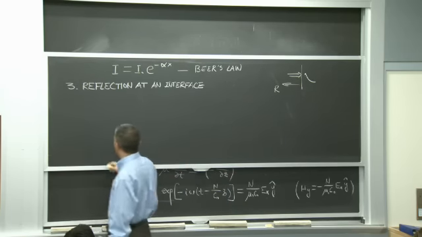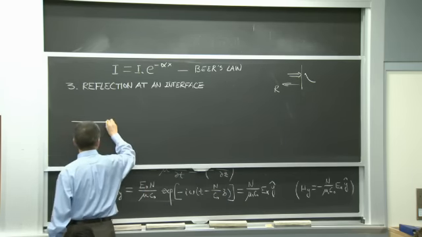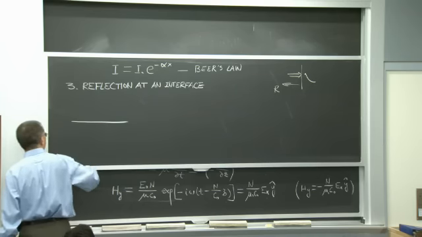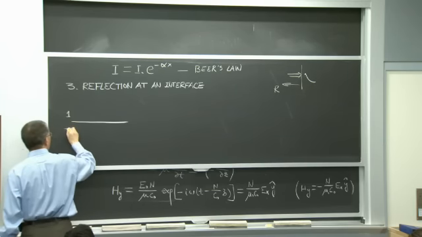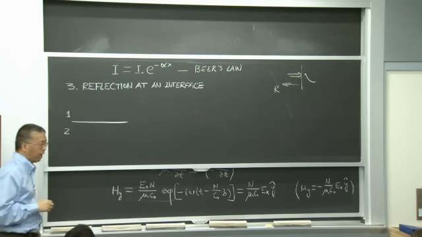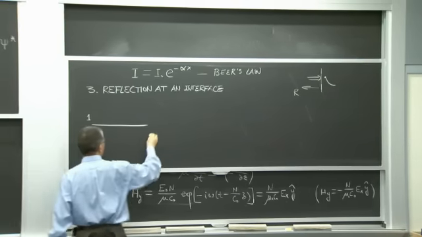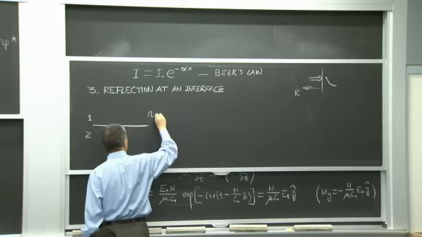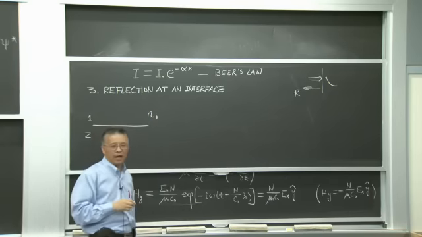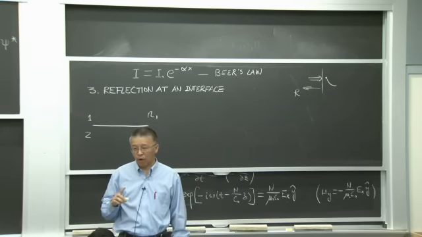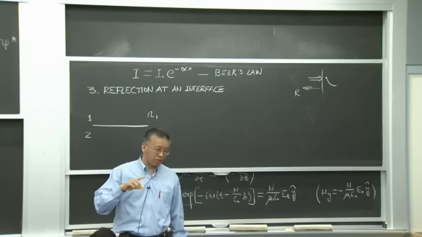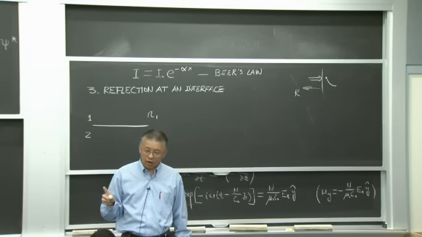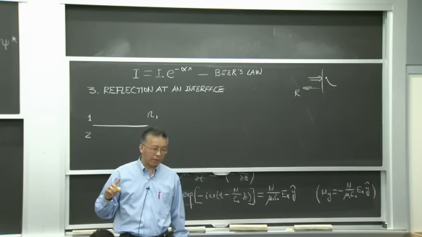So what I have here is a flat interface between 1 and 2, right? Let me make my life slightly easier by saying here is N1. I can write a capital N1. If I just write a small n1, it means low loss. If I write the capital N1, it means it has loss.